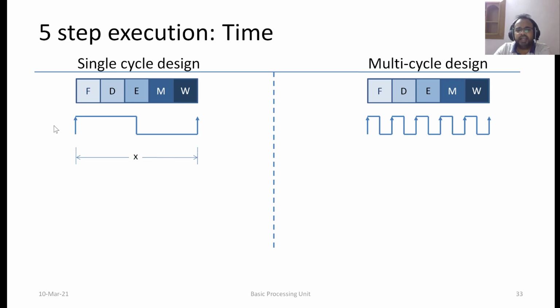If the time for one cycle here is x, each of them in the multi-cycle design will take a cycle time of y, where y would be equal to x upon 5.